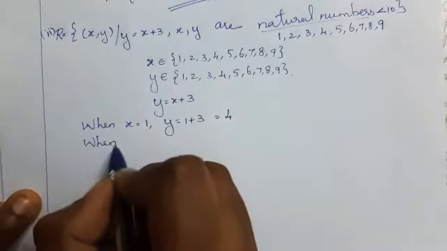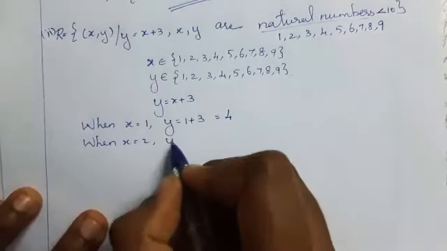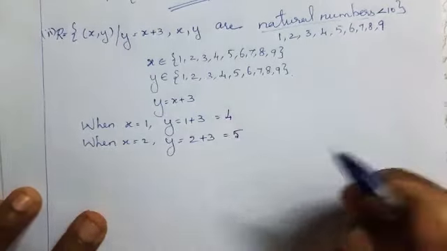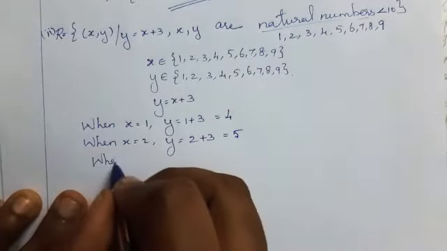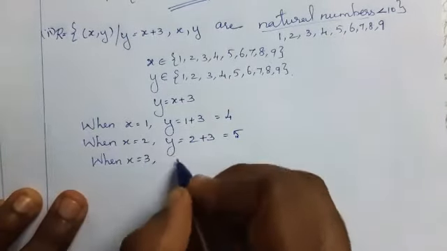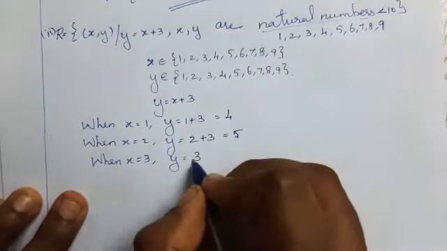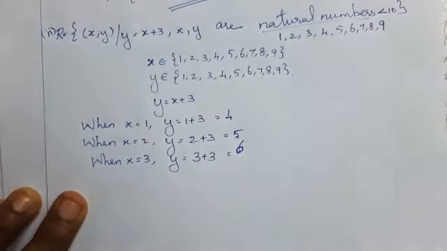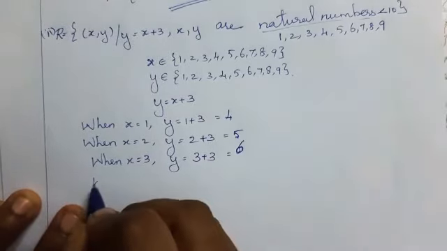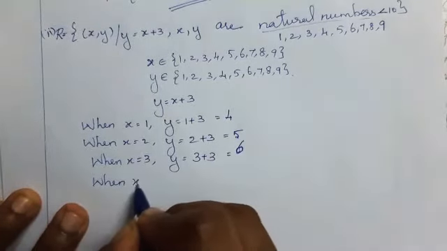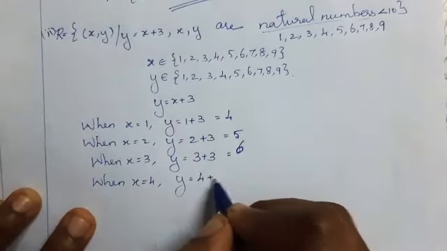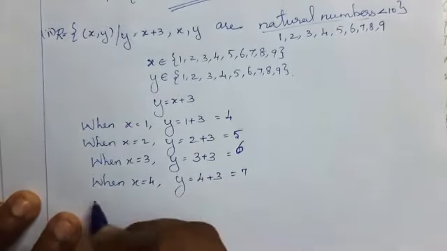When x is equal to 2, y is equal to 2 plus 3, that is equal to 5. When x is equal to 3, y is equal to 3 plus 3, that is 6. When x is equal to 4, y is equal to 4 plus 3, that is equal to 7.